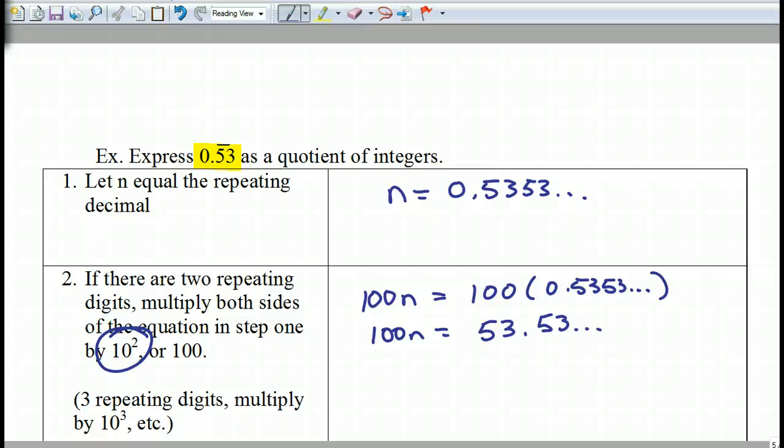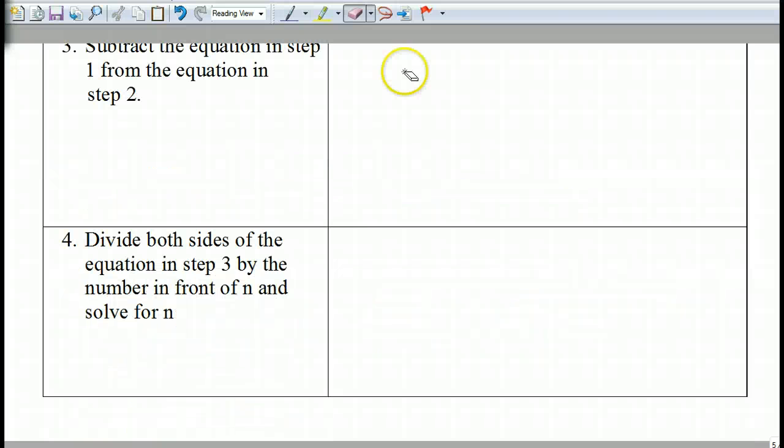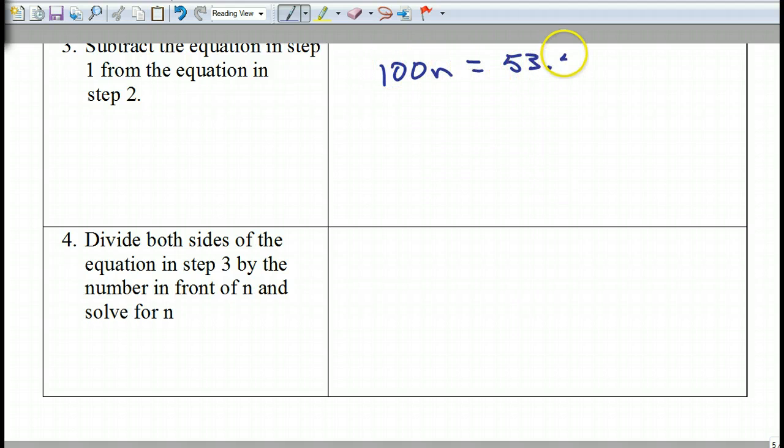And then we're going to take the second equation and subtract the first equation. So we have 100n equals 53.53 repeating minus n equals 0.53 repeating.